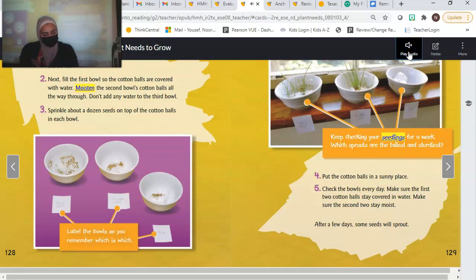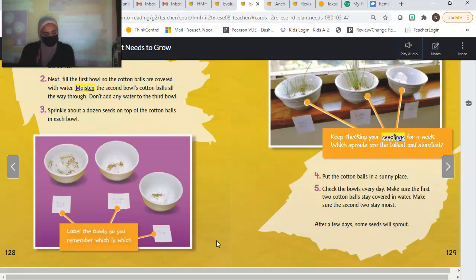All right. What does the caption explain? What is a caption again? Good. They're the words that are underneath the picture. So what does the caption here explain? Label the bowl so you remember which is which.